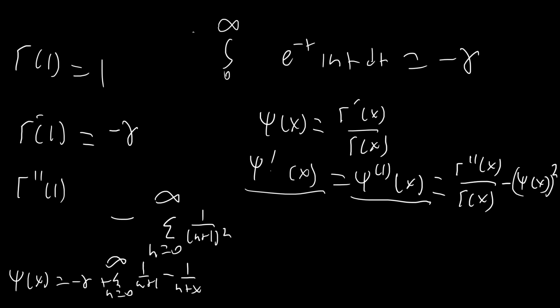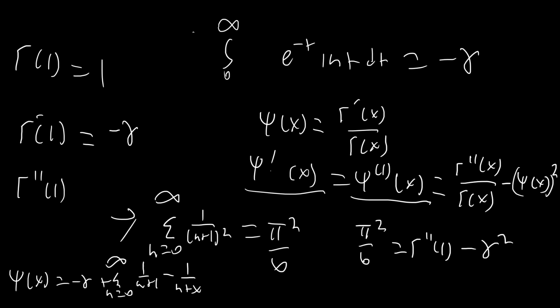So we're just differentiating that, and this is equal to pi squared over 6. If we plug that all in, we get pi squared over 6 equals gamma double prime of 1 minus gamma squared, or gamma double prime of 1 equals gamma squared plus pi squared over 6. So we can go ahead and plug that in over here.